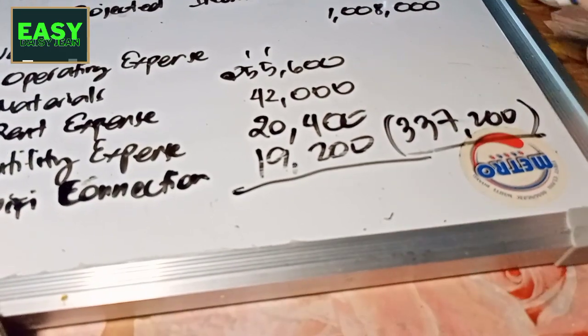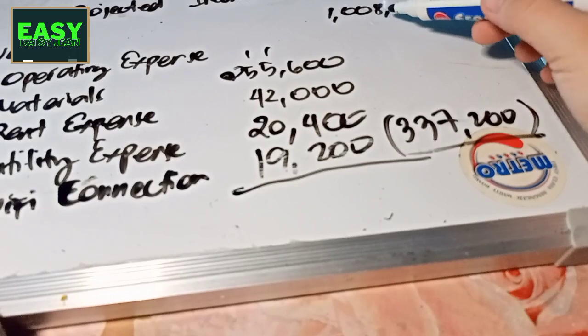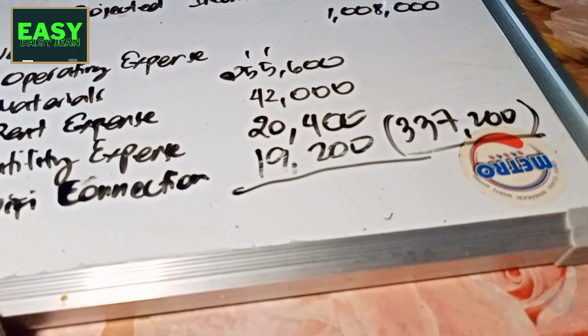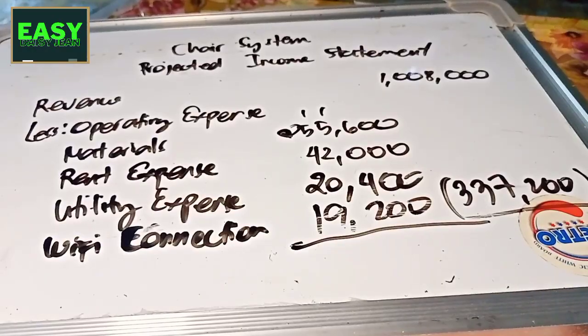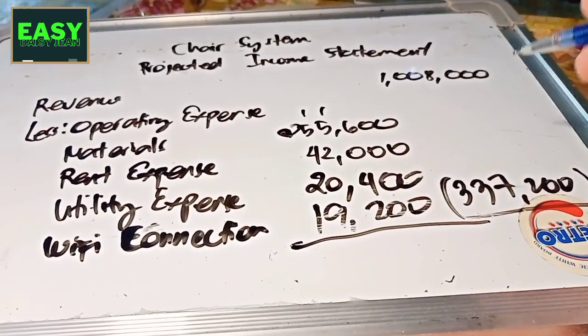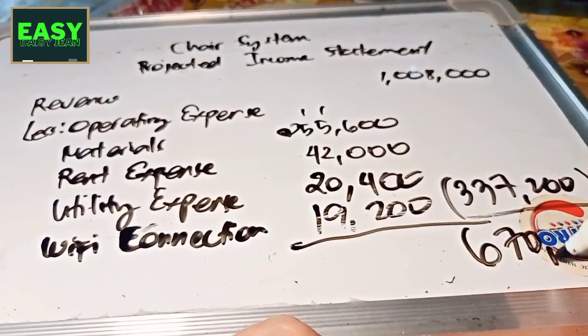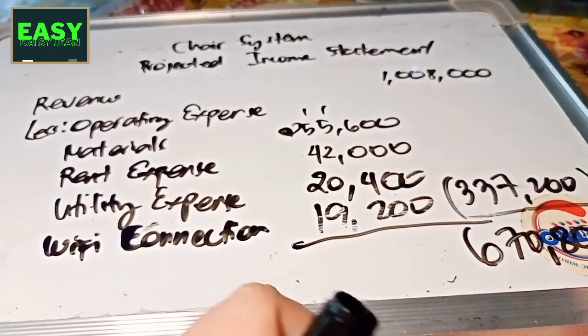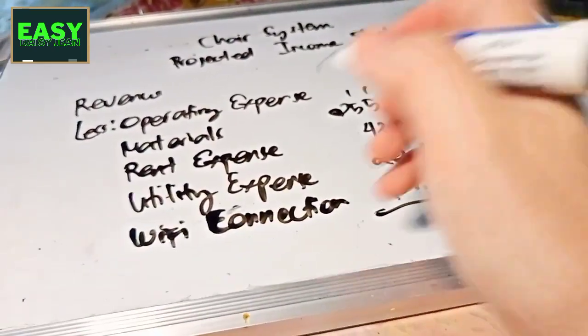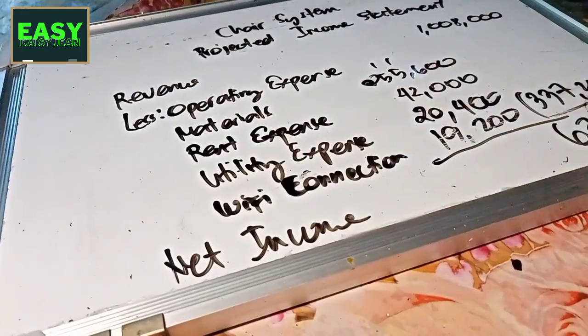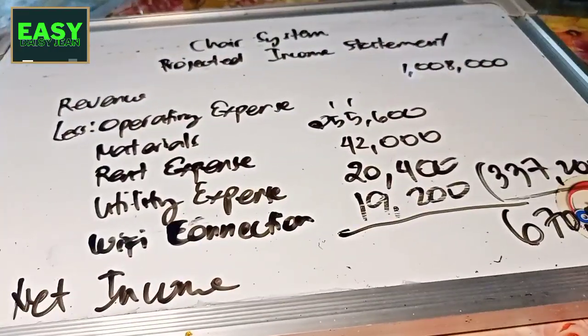So you deduct the operating expenses from your revenue, so your net income will be 670,800. So right here, net income. Again, let me repeat, this is the format of your projected income statement.